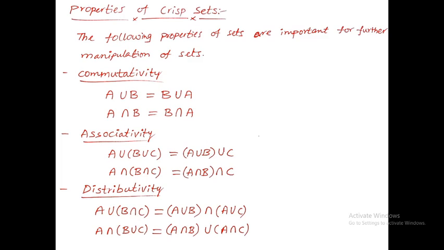Next, the distributivity property. Here union and intersection both come in the same formula. A union of B intersection C is equal to A union B, intersection A union C. So A is distributing between the B set as well as the C set.